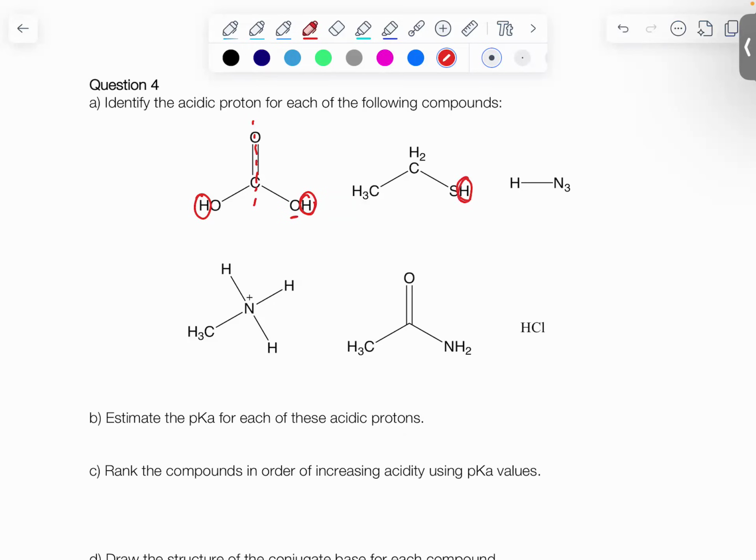Next, we have a thiol, and so that proton will be our most acidic. With this one, again, any of these protons would be the correct answer. And now, given these protons identified, we can find the pKa's. And so for this one, we just want to look at our pKa table and find our best matches.